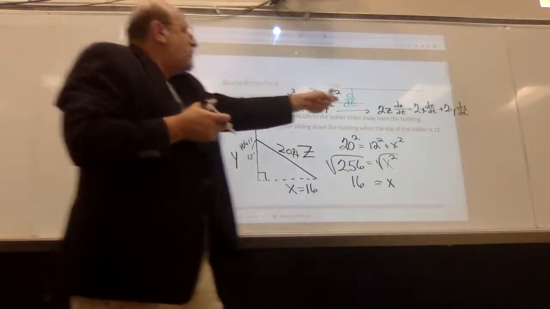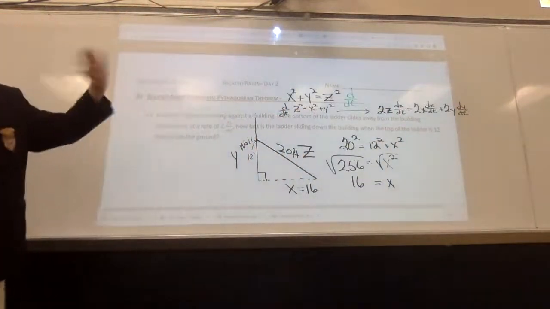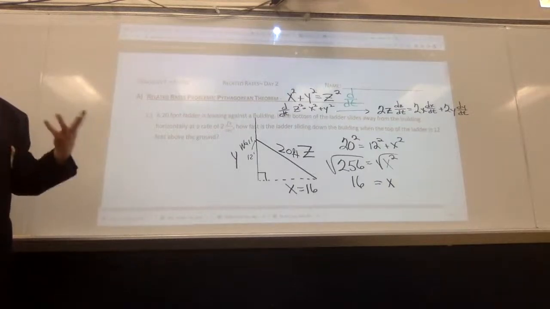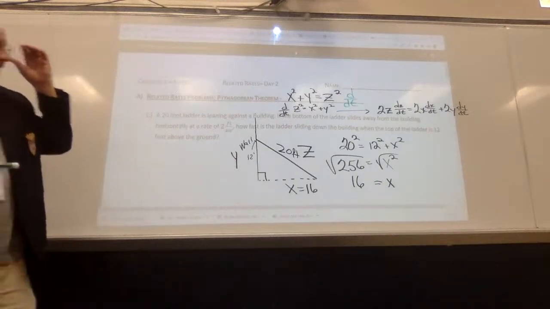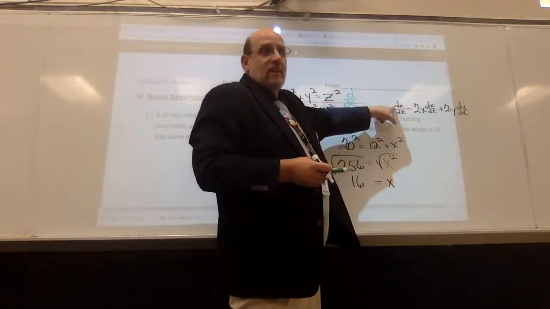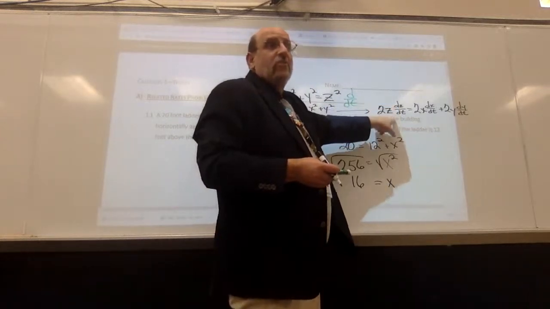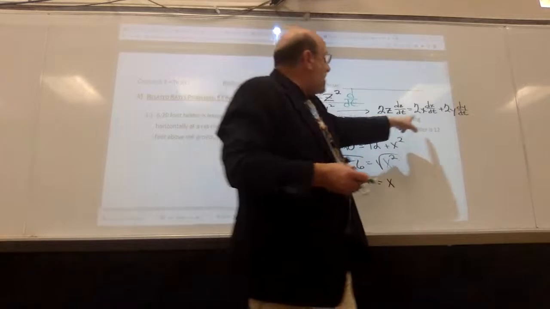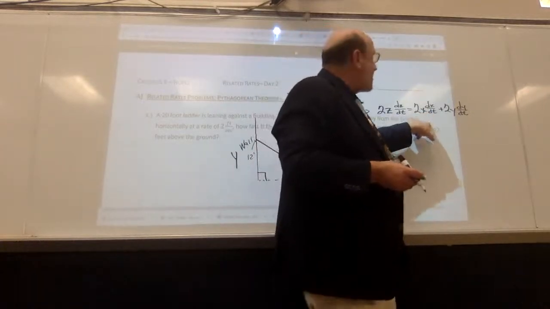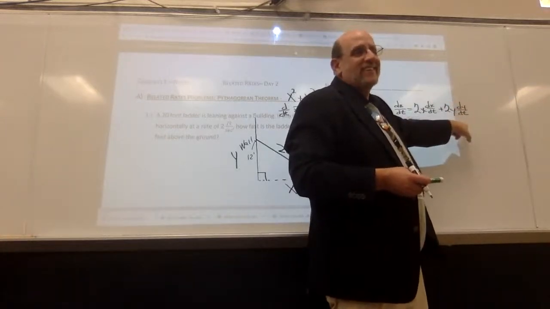That's what this means, in respect to, in terms of. And what it really means is how fast is it moving in the z direction per second? How fast is it moving in the x direction per second? How fast is it moving in the y direction per second?